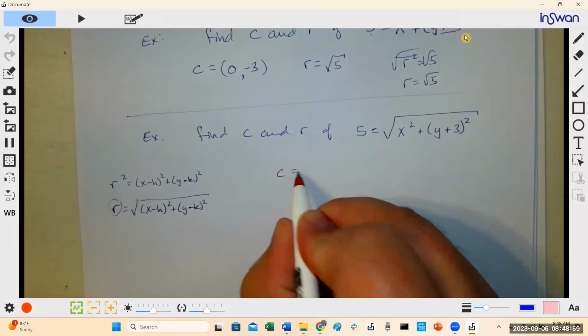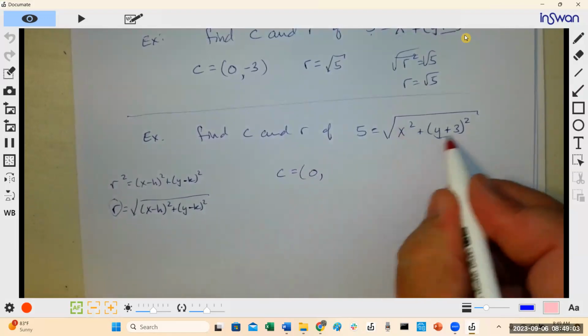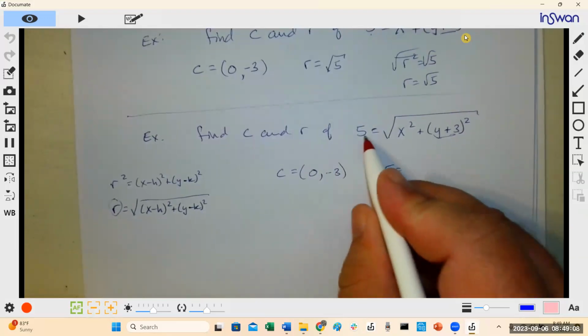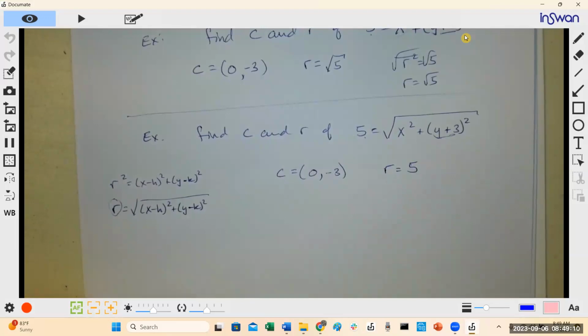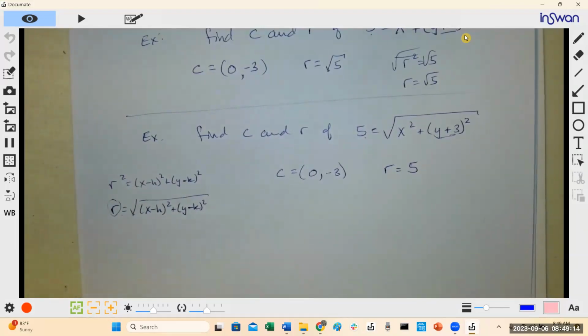So the center is at x is 0, y is -3, and the radius is 5, because we got rid of that square. So you have to be very careful when you do that.